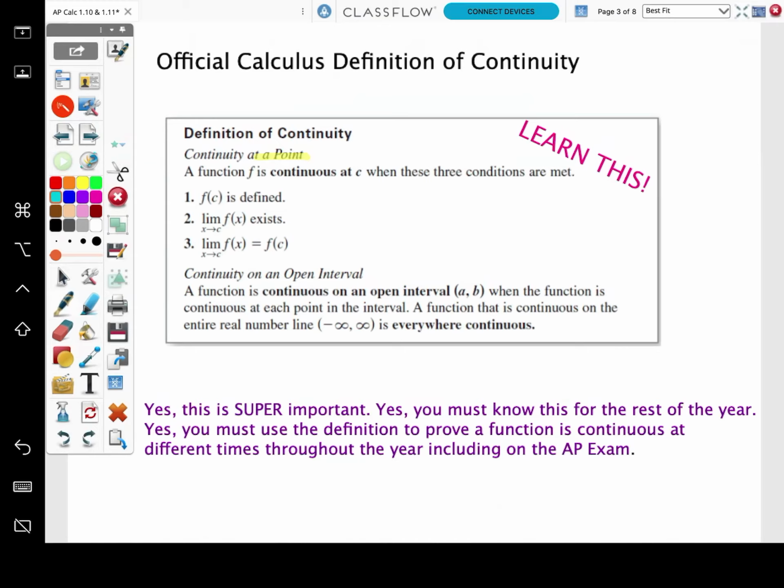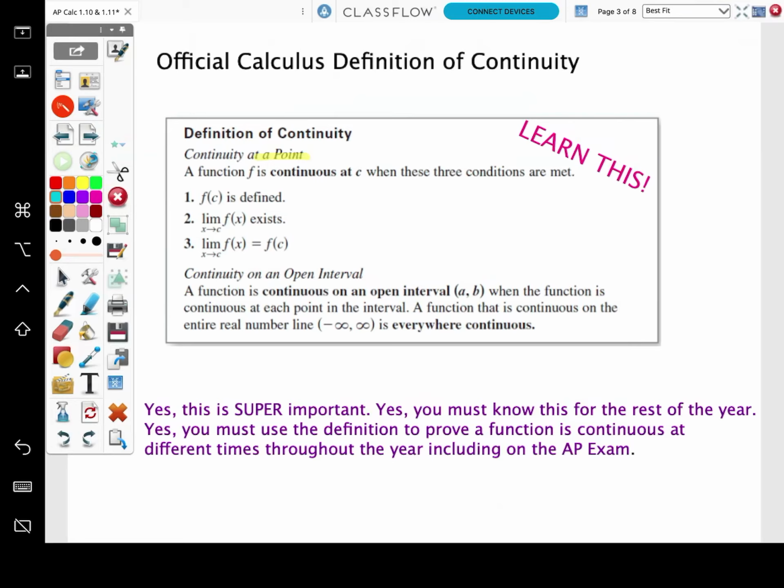So there's always 3 things. You have to see that f of c is defined, the limit as x approaches c of f of x exists, and those 2 things have to be equal. If we want to extend that definition to an open interval, then we basically need to check every single point in the interval. But like I said, knowing what we know about functions, that sounds way worse than it is.